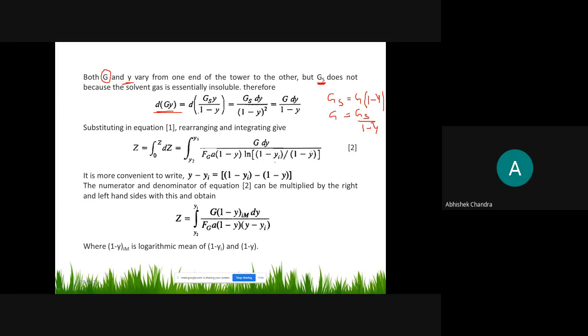Because the denominator contains that y term, this square term will come. You already know the differentiation of this, first second, and take the differentiation of this. So with the help of first second numerator denominator, you will get this.